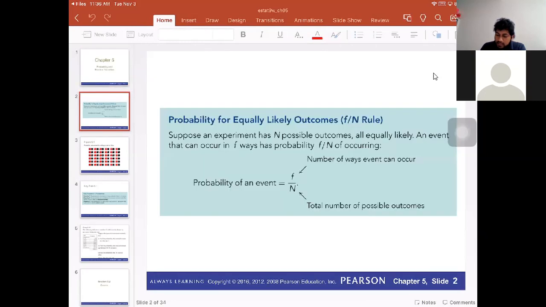So what is probability? Probability of an event means the frequency of that event occurring divided by the total number of possible outcomes. That's the easiest way to define probability.